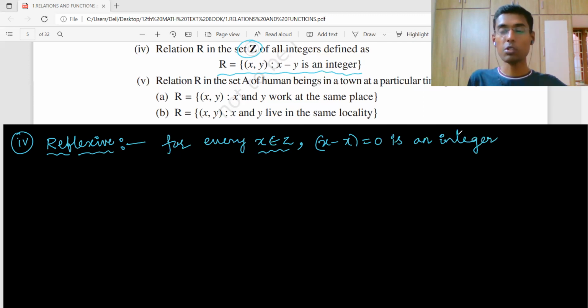Like this you should say, in mathematics language. So for every x belongs to Z, x minus x is an integer. That implies x comma x belongs to R.